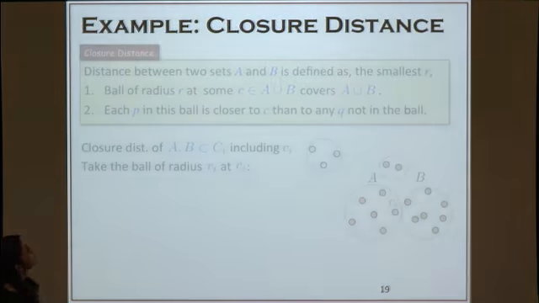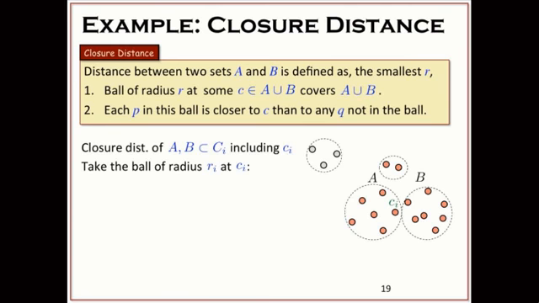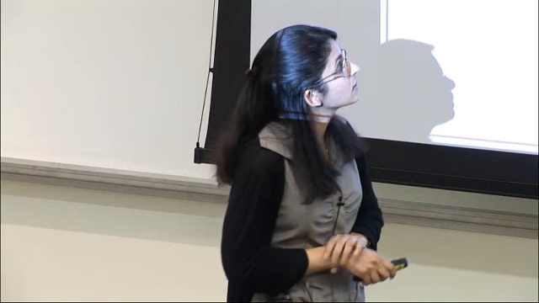Let's do one more example. I want to show you that if I take two subsets of the same cluster, and I make sure that one of them has the center of the cluster in there, then the closure distance of these two is at most Ri, which is the radius of that cluster.